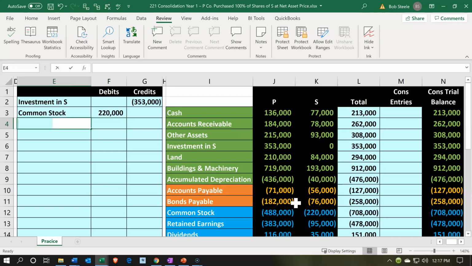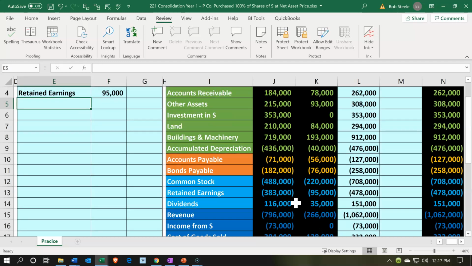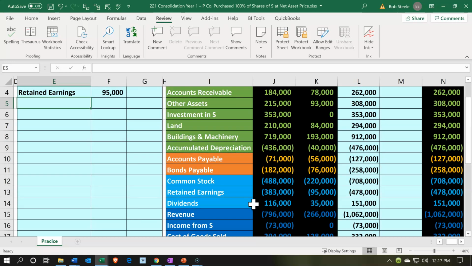And then I'm going to get rid of S's retained earnings. So let's go to the retained earnings. Once again, I'm going to say negative of that 95,000. And then these are the dividends that were declared. Now notice when they give the dividends out, obviously they would usually just take it out of retained earnings.